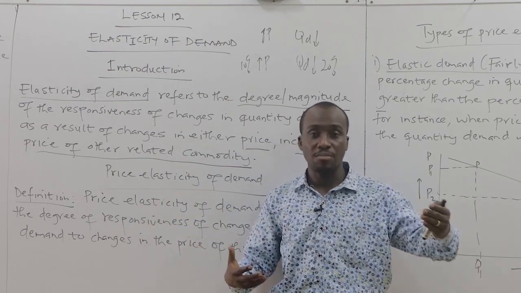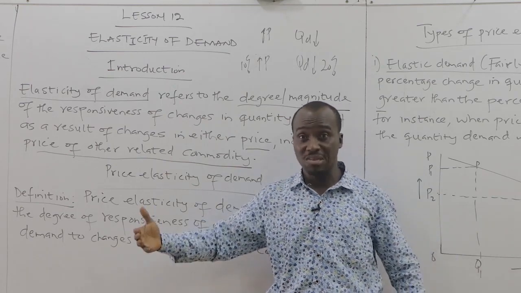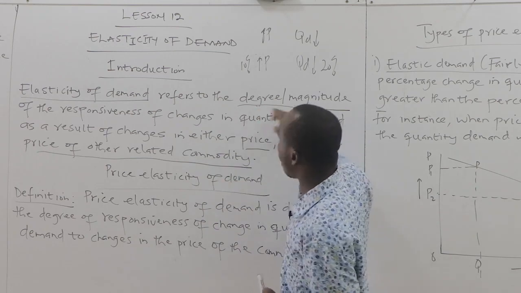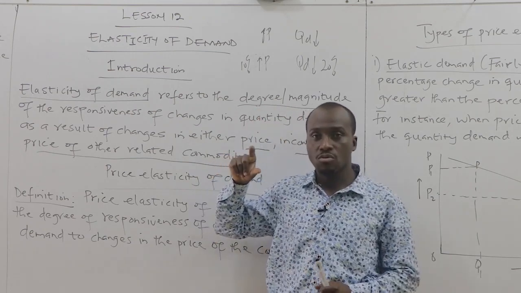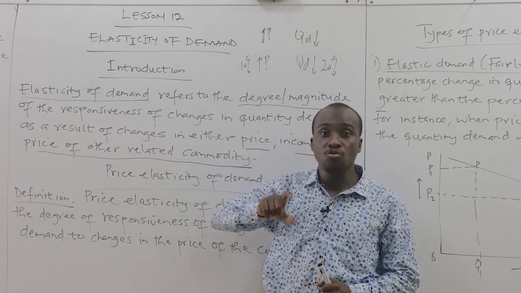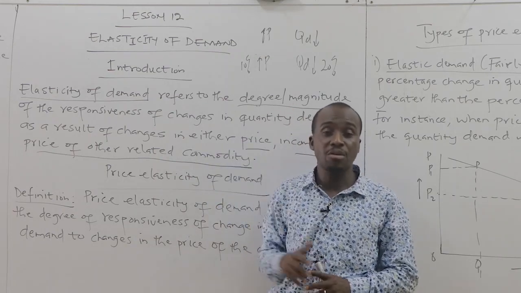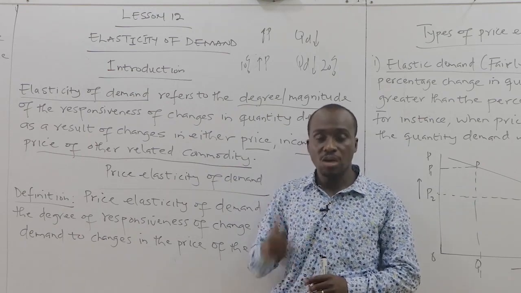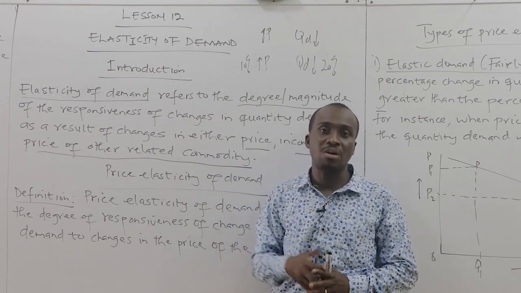A will increase his demand by 30%, B will increase his demand by 40%. And that's what elasticity is about. It's the degree or the magnitude. It's telling you the extent by which you will change your demand. Will you change it by 50%, 80%, 100%, 20%, so that we can now tell you the true story of what is going on?